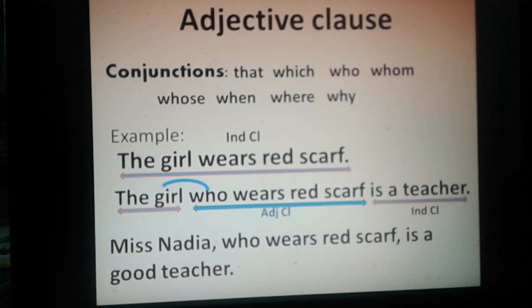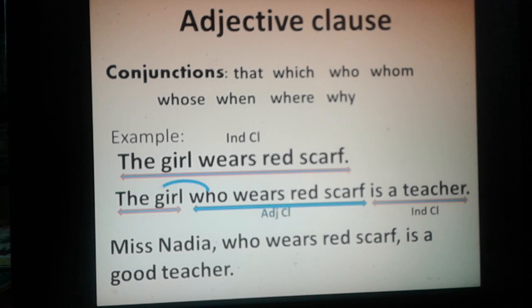The opposite here in this sentence: Miss Nadia, who wears a red scarf, is a good teacher. Miss Nadia is a proper name. Everyone will know which girl we are talking about, because we have the noun Nadia. The adjective clause here comes just to give us extra information. We can keep it in this sentence and we can remove it.